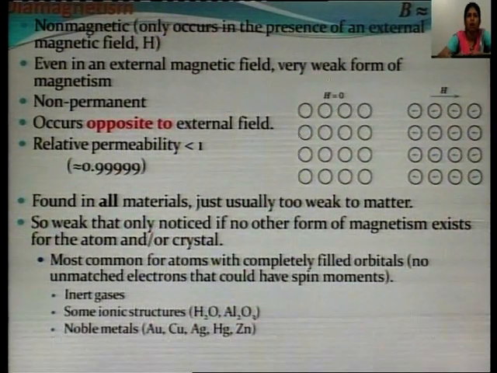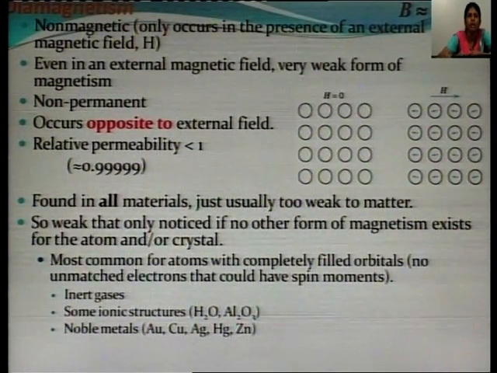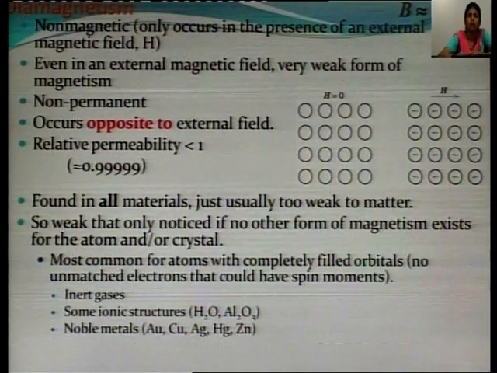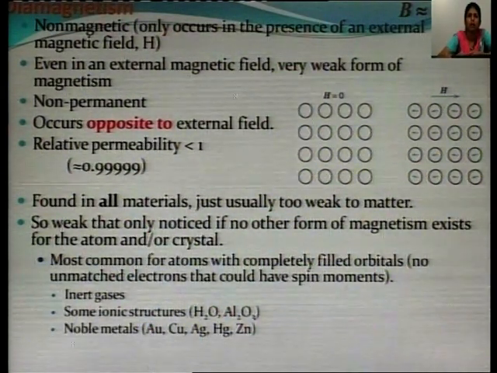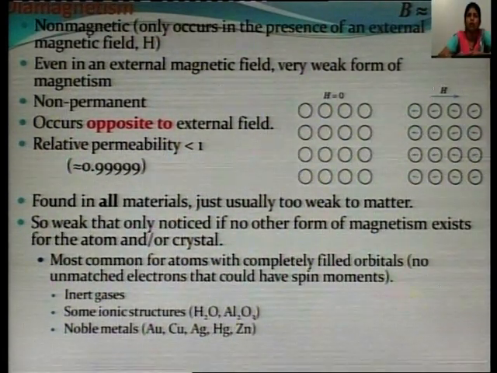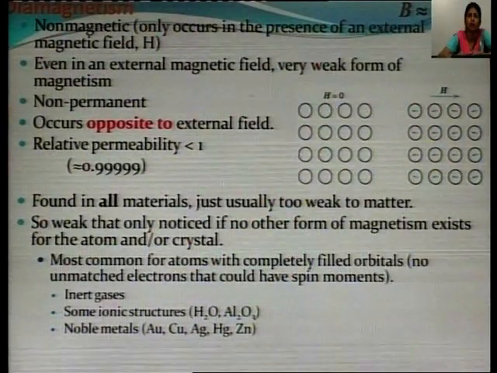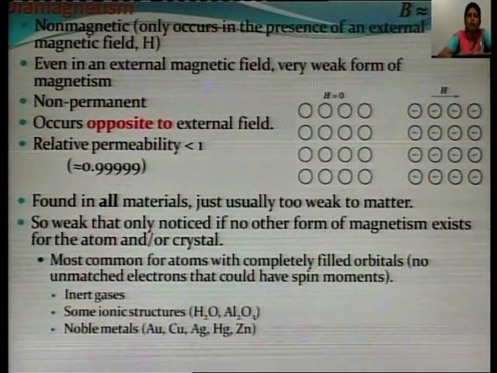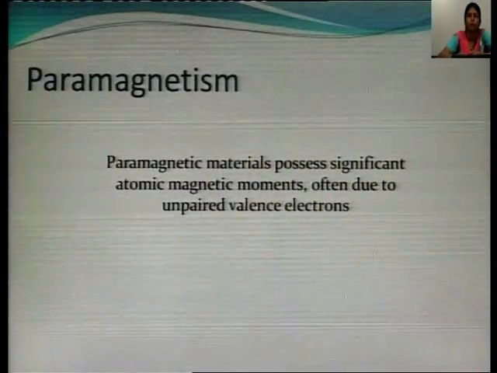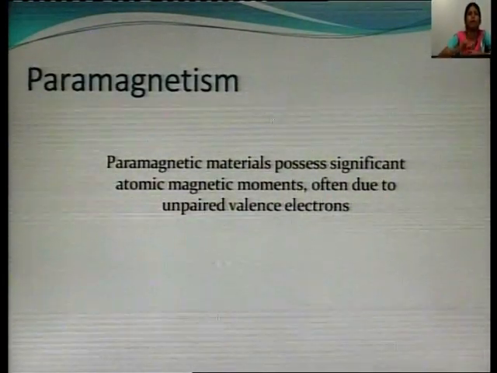The most common are atoms with completely filled orbitals. Examples are inert gases, some ionic structures like H2O, aluminium oxide, and noble metals like zinc, copper, gold, etc.